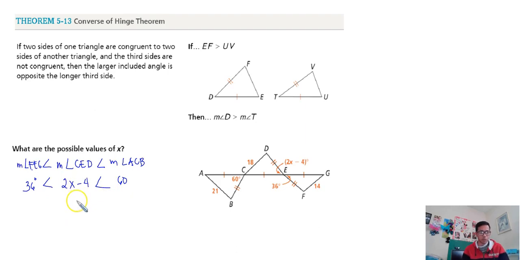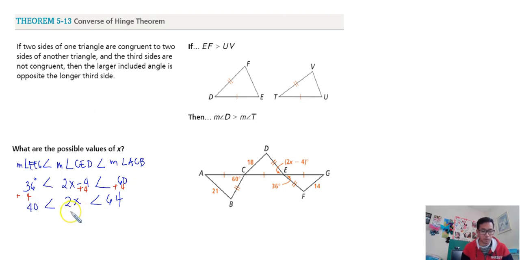So you add 4 to both sides. I'm going to eliminate the 4 by adding 4 to both sides, so 2x is greater than 40 and less than 64.